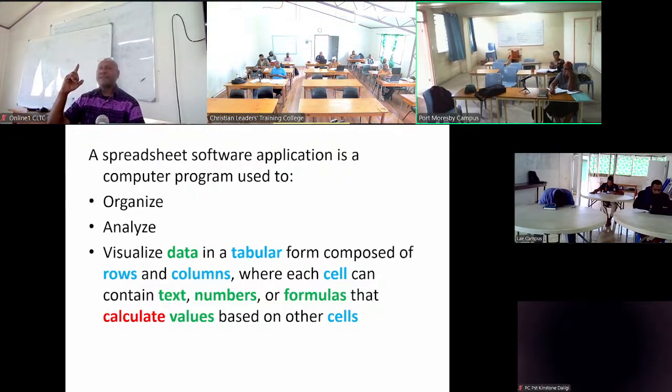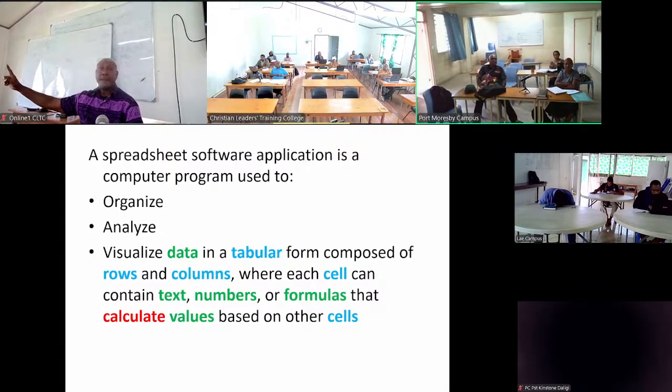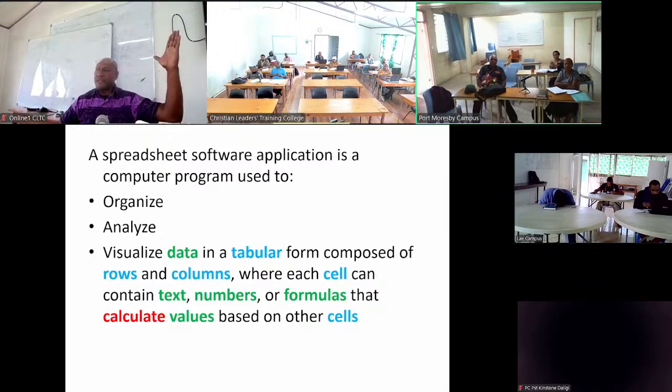1 plus 1 minus 3 times 4 divided by 15. That's a formula. All right? If you put equals in it, that's a formula that produces a mathematical answer. So you put the staff name in, number of hours, the rate, equals the pay.